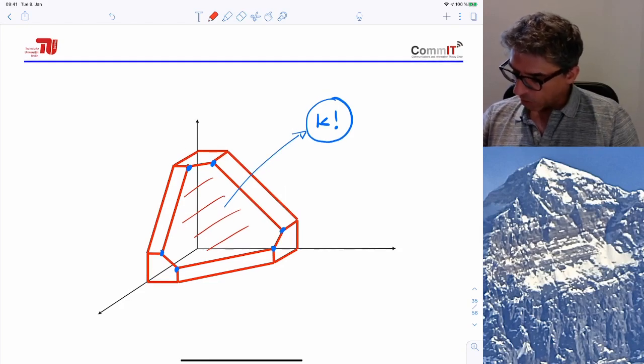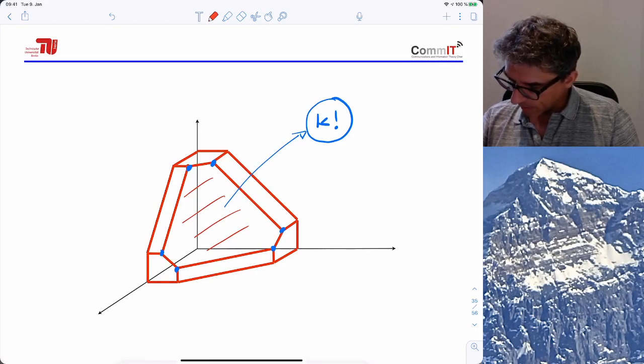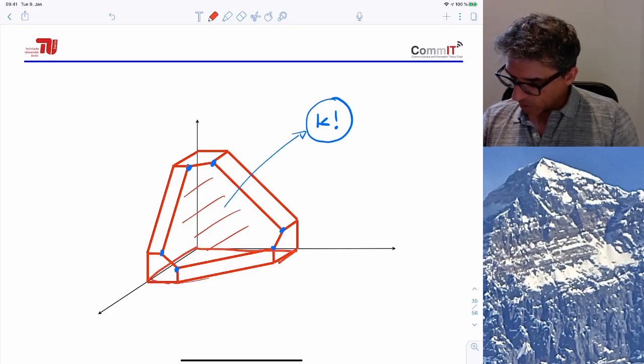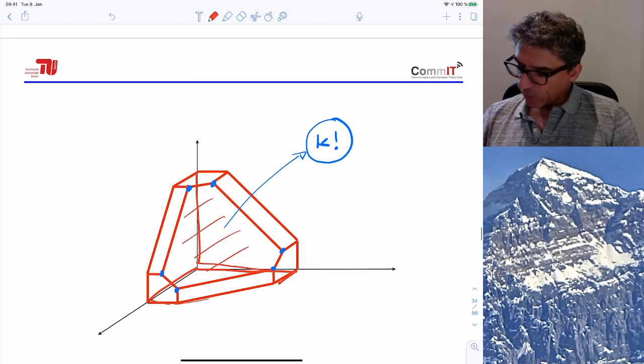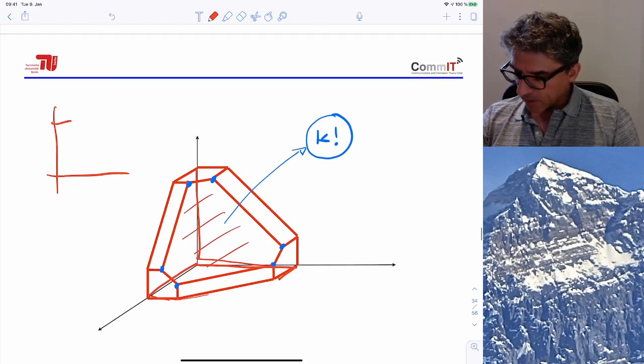You project it on the horizontal axis, you see a pentagon like this, right? You project it on every dimension, you see a pentagon here. So in 2 dimensions, of course, we have just this.